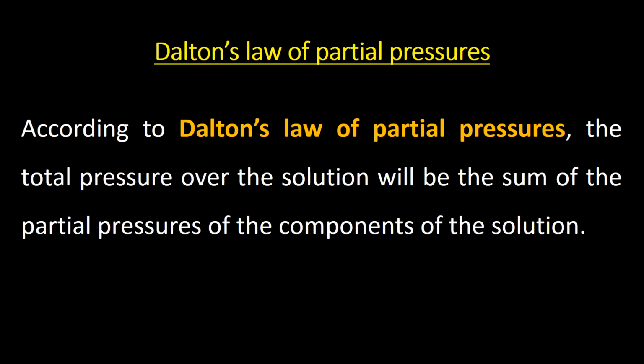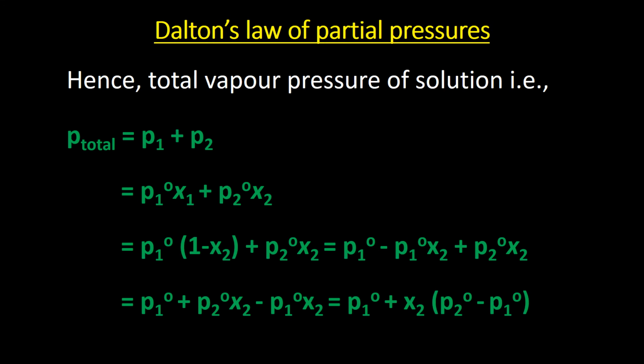According to Dalton's law of partial pressures, the total pressure over the solution will be the sum of the partial pressures of the components of the solution. Hence, total vapor pressure of the solution, that is P total, is equal to P1 plus P2, where P1 is the partial vapor pressure of component 1 and P2 is the partial vapor pressure of component 2, which is equal to P1 naught into X1 plus P2 naught into X2.